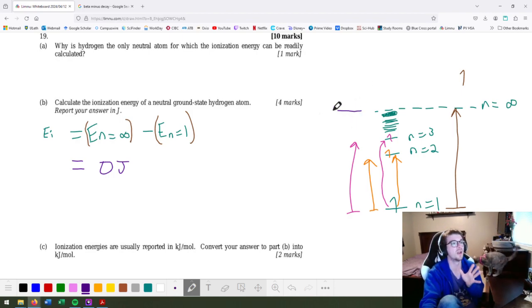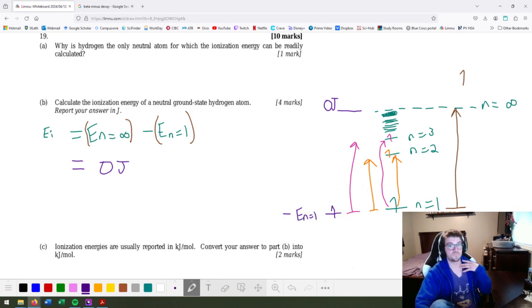What we're saying is that we've set this ionization energy level to 0 joules. And the ground state is set to some energy that is negative, negative E n equals 1.